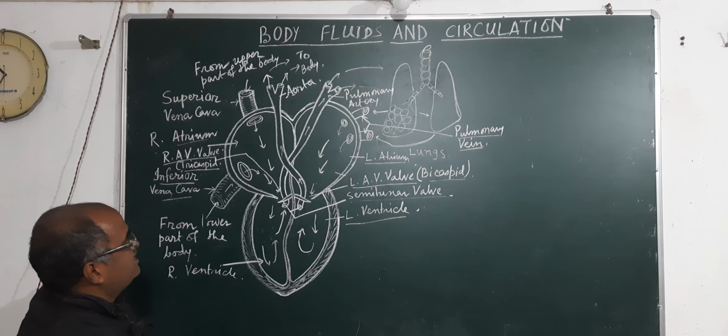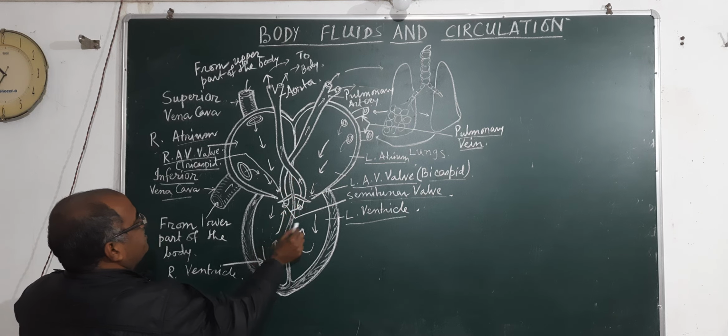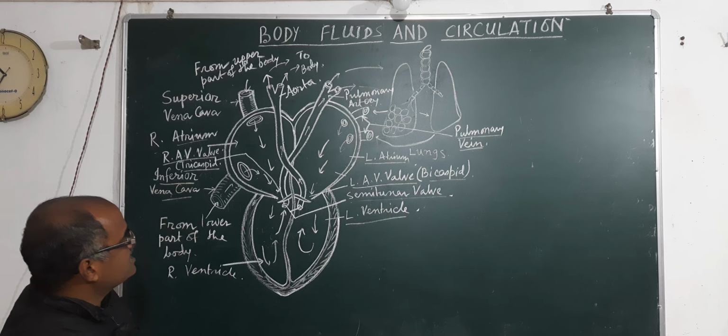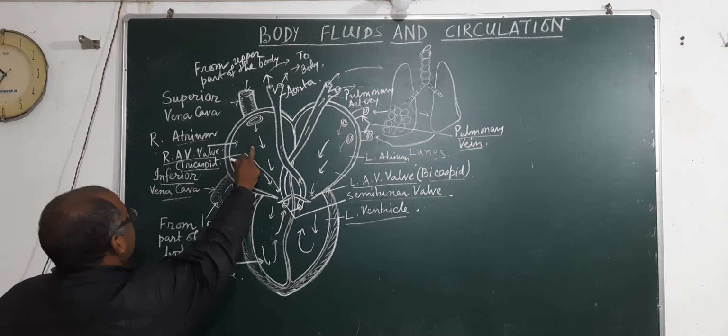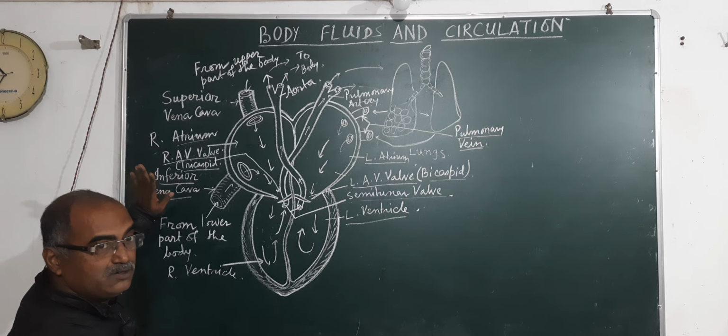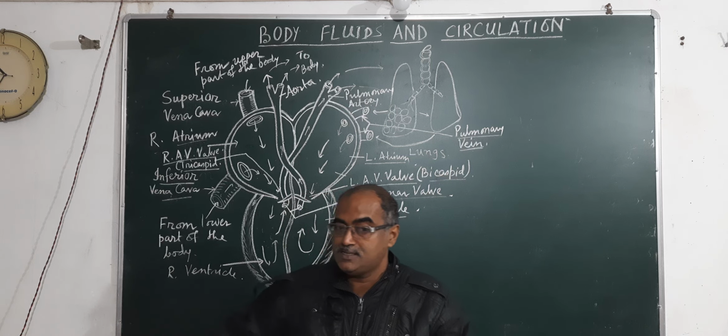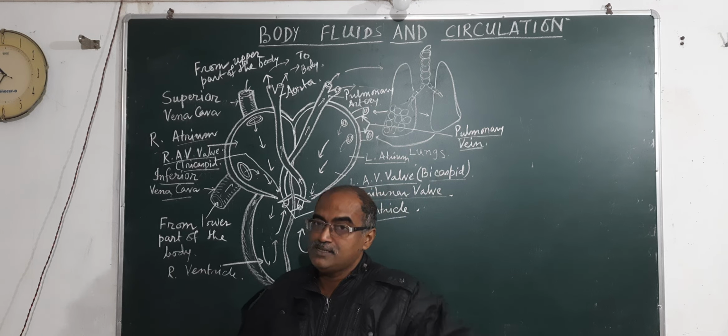Our human heart has 4 chambers, 1, 2, 3, 4. You just see these are the right atrium and right ventricle, just opposite. Try to remember, don't confuse about opposite. If you see my heart, this is my right hand, this is my left hand.